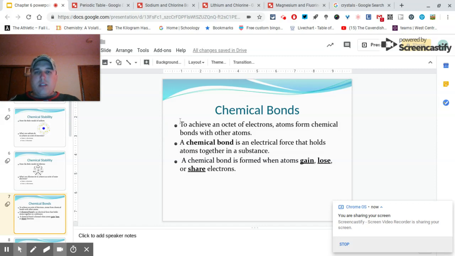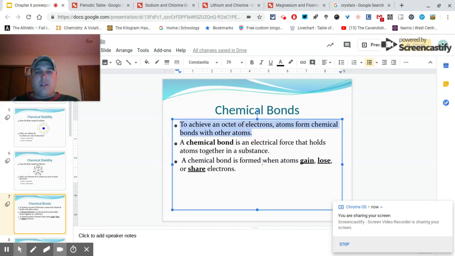So we've learned today that to achieve an octet of electrons, or to get to 8 electrons, atoms form chemical bonds with other atoms. And that chemical bond is an electrical force that holds atoms together in a substance, kind of like 2 magnets, right? One gives up an electron, one gains an electron, and now they're stuck together in a chemical bond.